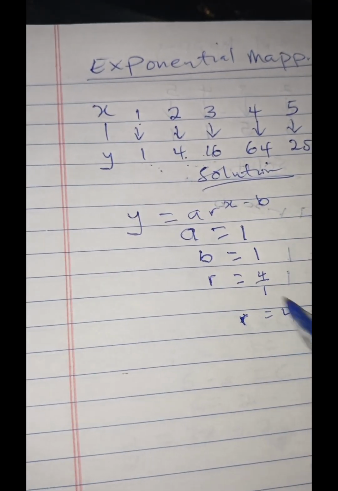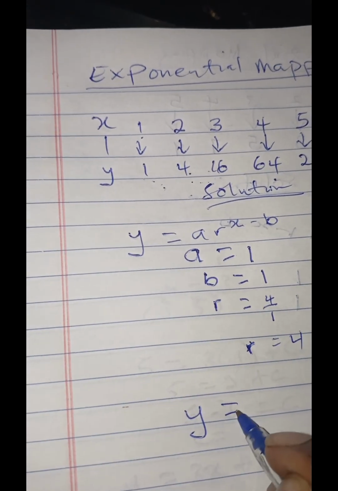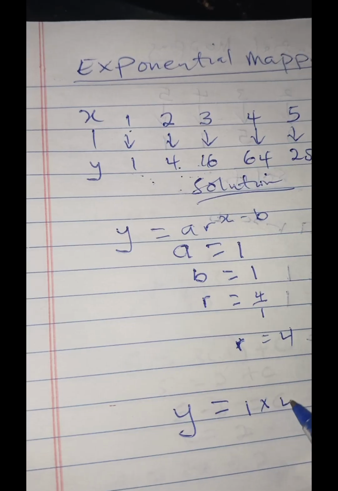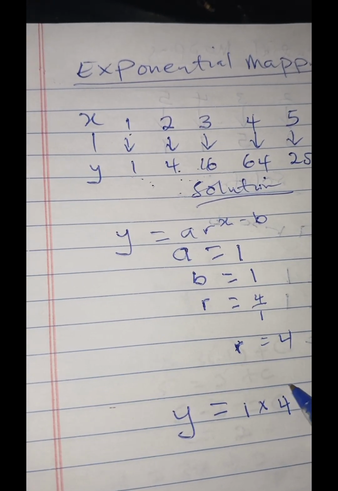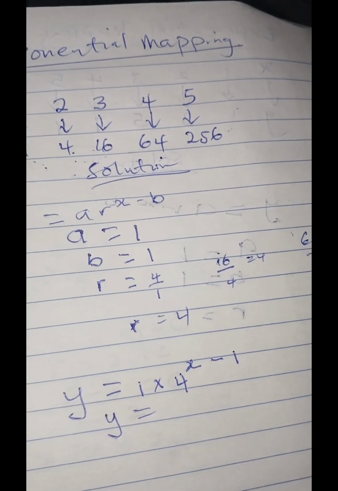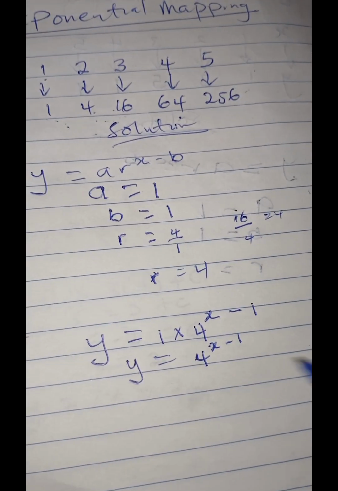Now we can substitute them in the equation. So y is equal to the value for a, which is 1, times the value for r, which is 4, exponent x minus the value for b. So this is our rule for the mapping.